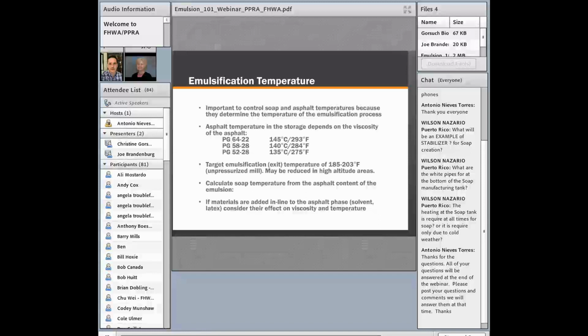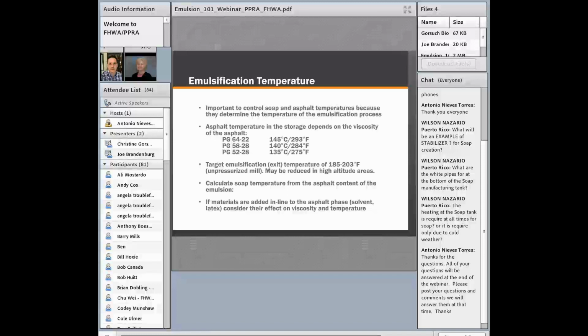But you don't want the asphalt to be too hot, because if it's too hot, then you will boil off your emulsion once it leaves the mill. Target emulsification temperatures usually are 185 to 203 Fahrenheit.